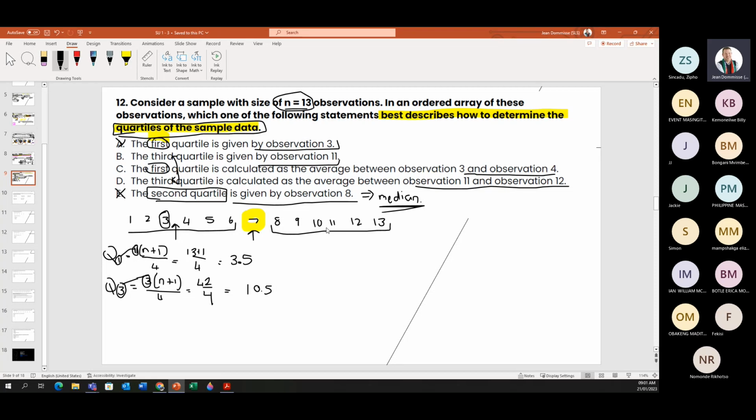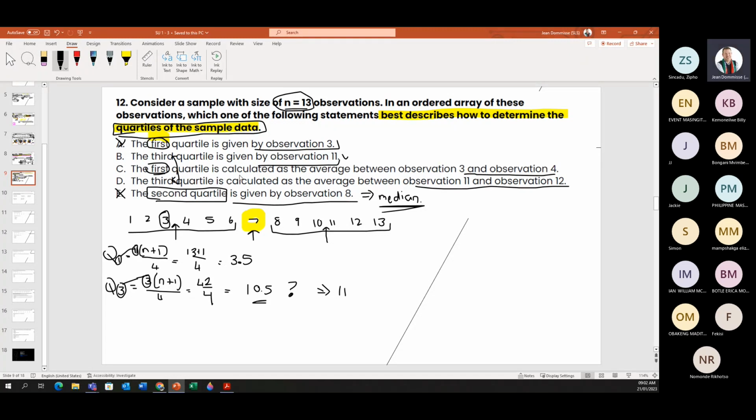We know it's between 10 and 11. Okay, so this is an interesting one, because we've learned that we round it off. If we round it off, we would have said we round it off to 11, and then that is correct. But let's look at the other two.